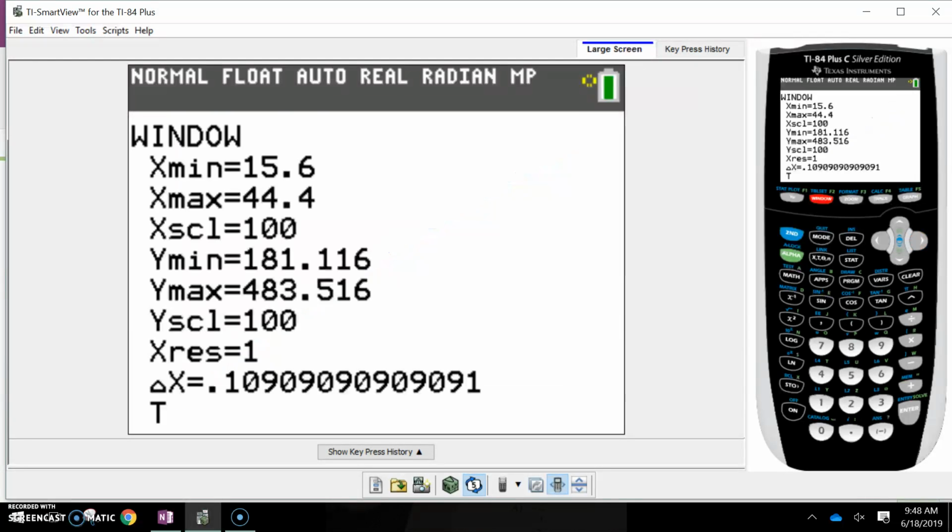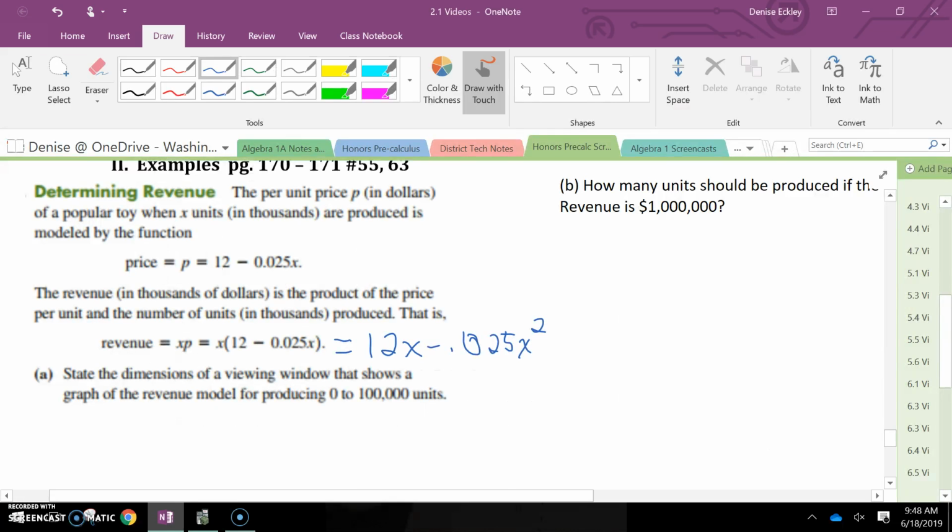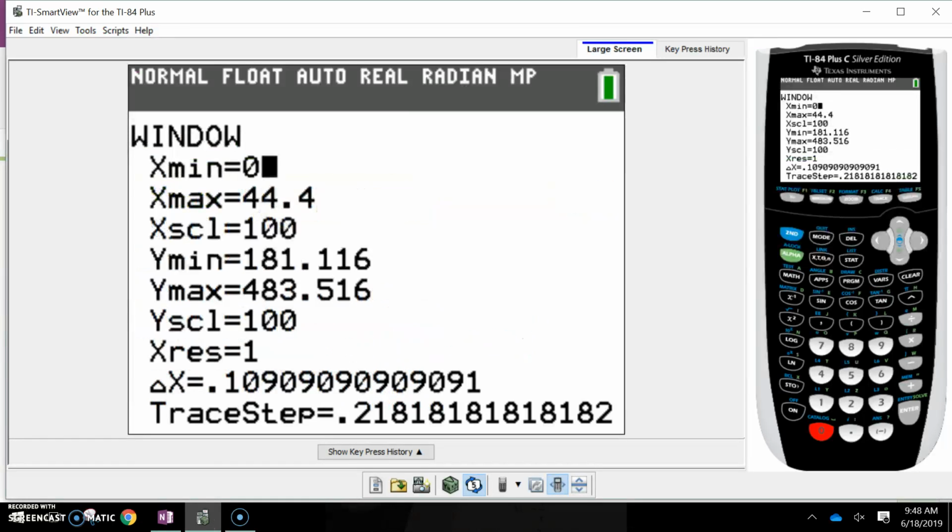So what I'm going to do is set my window from 0 to, it says the units are sold in thousands, so let's say about 1,000 would be a good window. That's pretty good. So I'll go from 0 to 1,000 and see what I get.